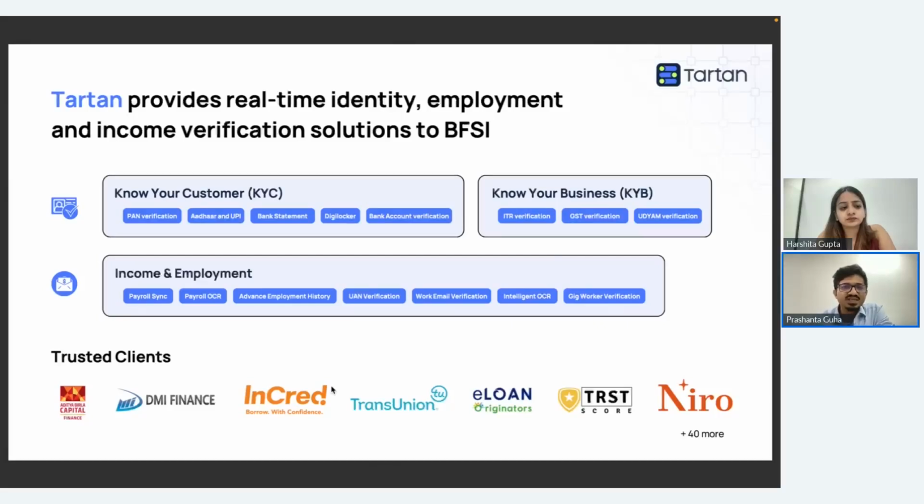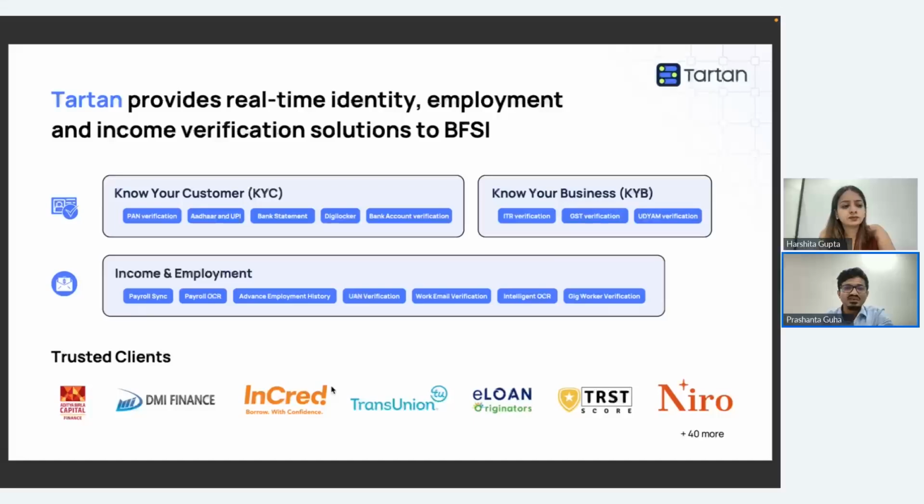You can just get the phone number from the user, and we can fill in a lot of other details. You can get the PAN number from the user, and we can fill in a lot of other details for them. So they don't have to do a lot of the things they have to do to fill the form.